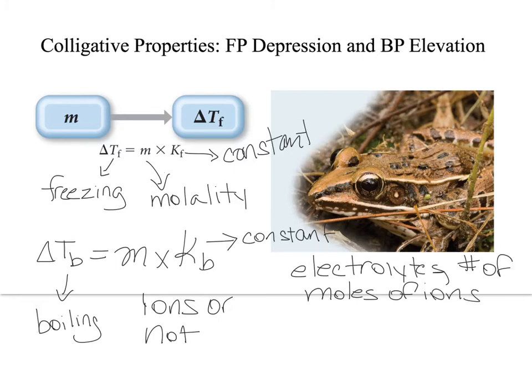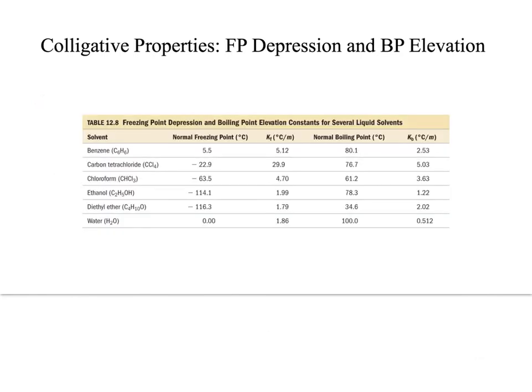And that changes the formula just a little bit. It becomes delta TF is equal to molality times KF times i, and the i is the number of ions. I'll show some calculation examples in just a minute, one that's a non-electrolyte solution and one that is an electrolyte solution.